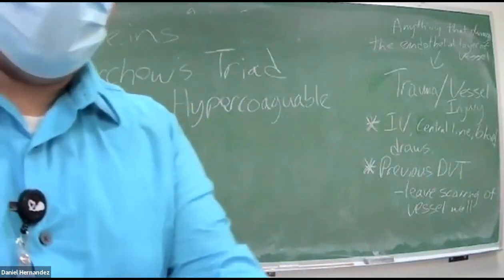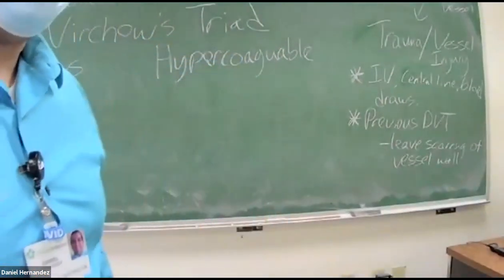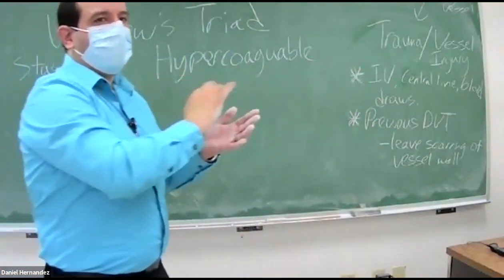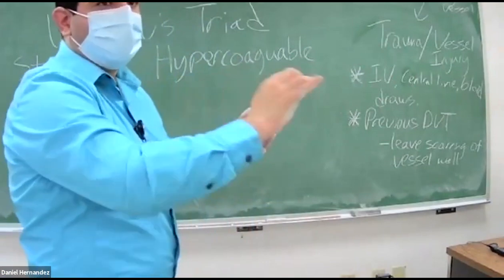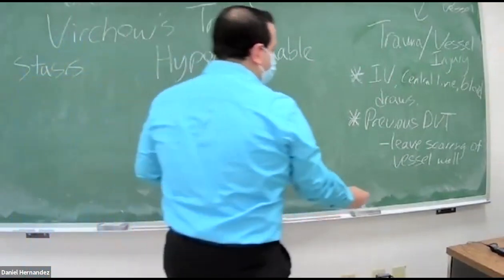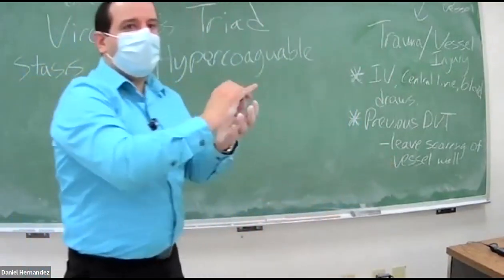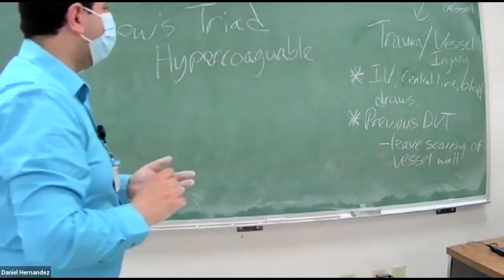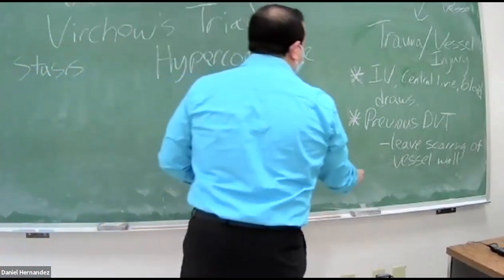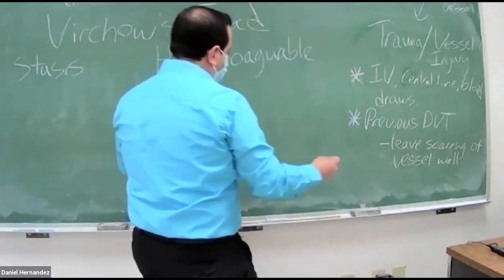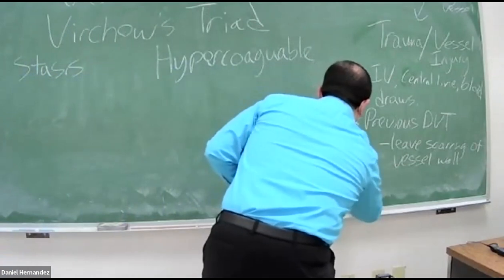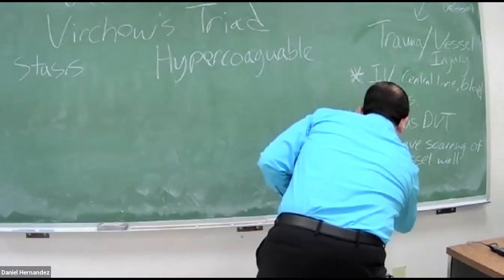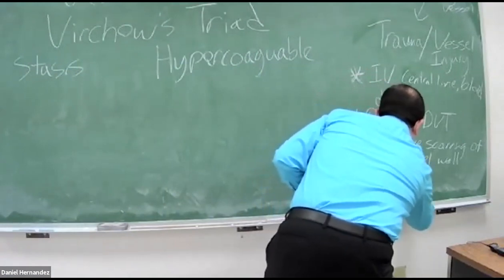With that scarring or chronic change, the vessel is no longer smooth on the inside of that wall following a DVT. Sometimes they don't resolve completely, and you wind up with scarring on the inside of that vessel wall, and that irregular surface is now a nice surface for new clots to form upon. So previous DVT can fall under this category. You can also have physical trauma or injury.